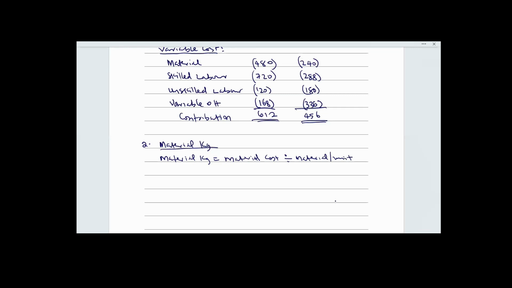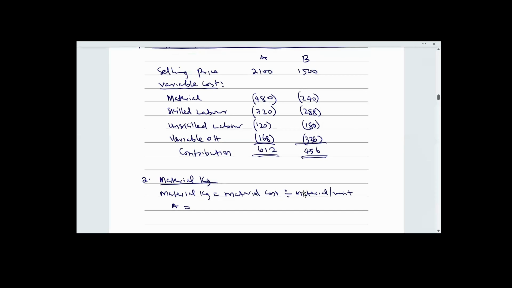For grade A, the material cost is 480 naira, and the material price per kilogram is 240 naira. Therefore, for A, 480 naira divided by 240 equals 2 kilogram.